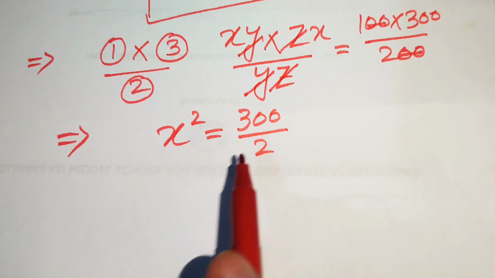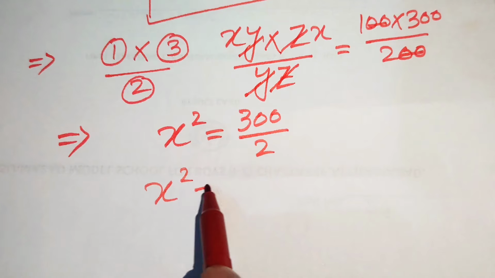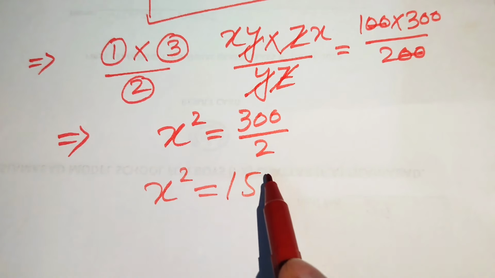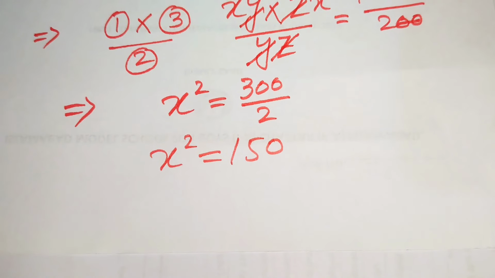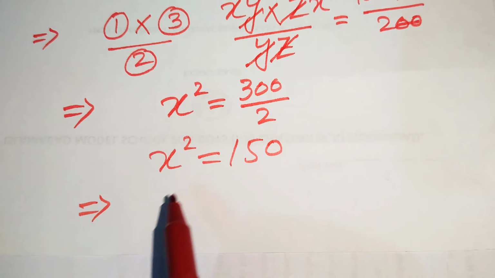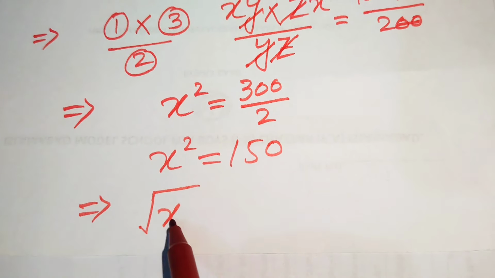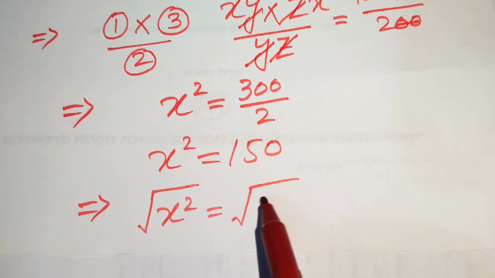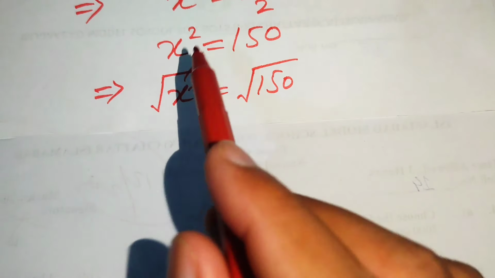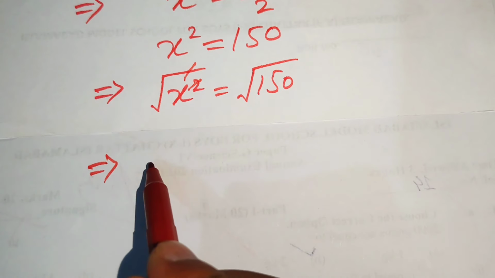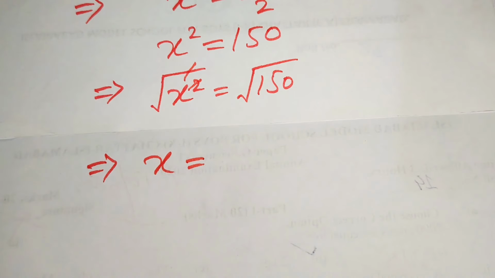When you divide 300 by 2, we get x square equals 150. And now in order to find the value of x, we need to take the square root on both sides of this equation. In the next step we write our answer into the simplified form. The square and square root are gone and we get x equals square root of 150.